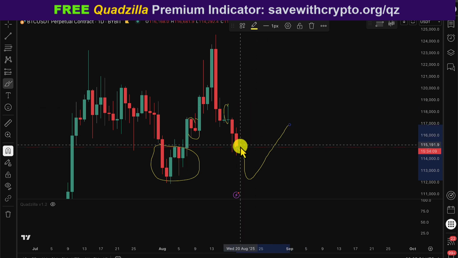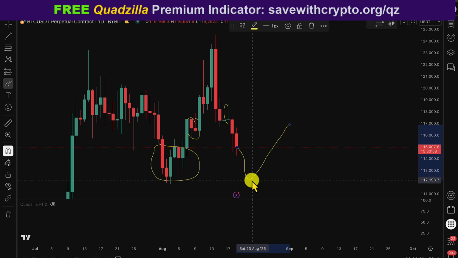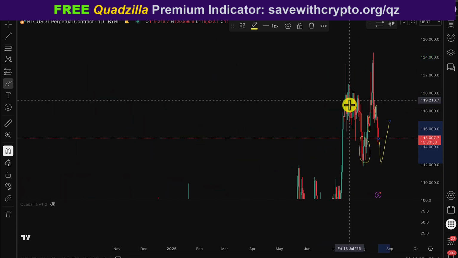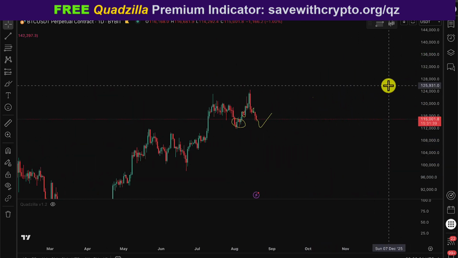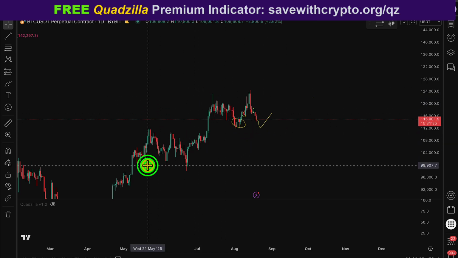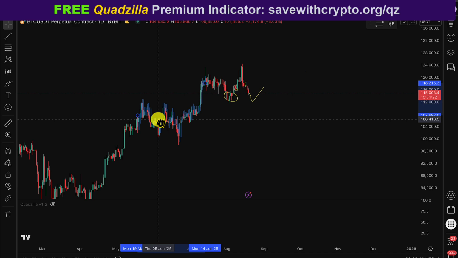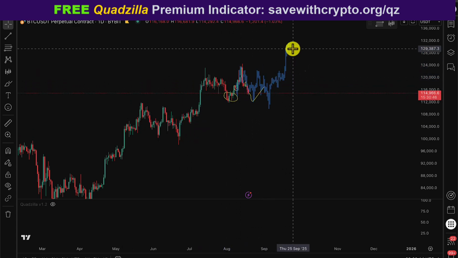Now, personally, I'm not interested in shorting from down here because I don't think there's that much more downside to go. Maybe only as far as like 112k, because overall, the trend is, of course, still to the upside. But looking back in the past, you can see something similar here, can't you? So say if we were to take that lot there, we could easily be looking at something more like that.